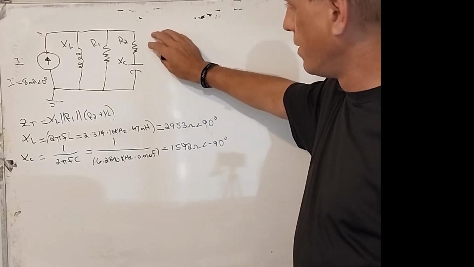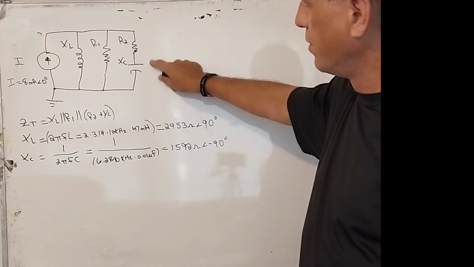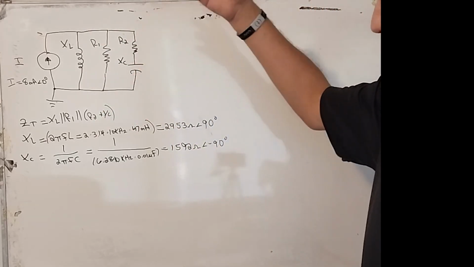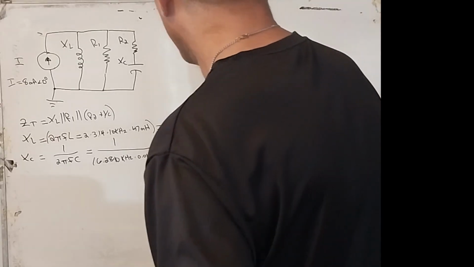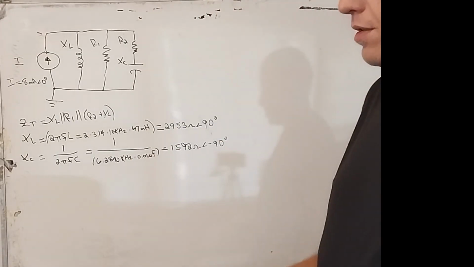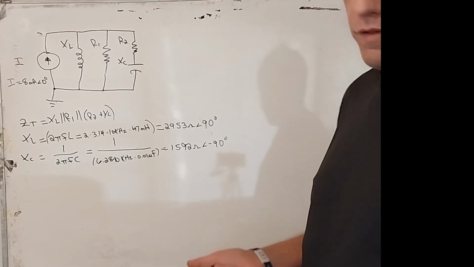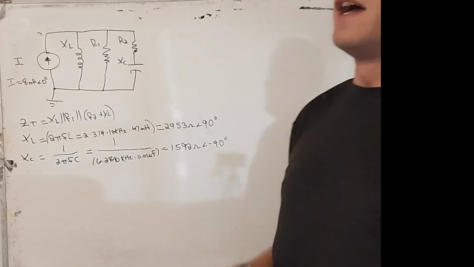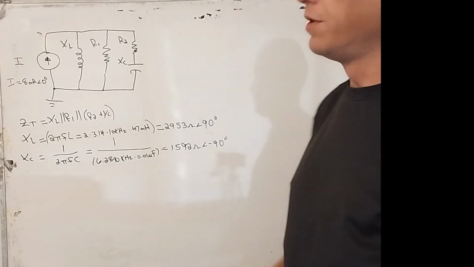I'm not sure what kind of system that would be, but a lot of companies have capacitive loads and inductive loads and resistive loads. Our house, this light right now is a resistive load.